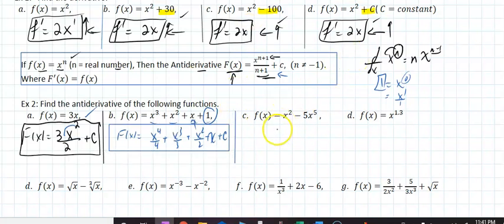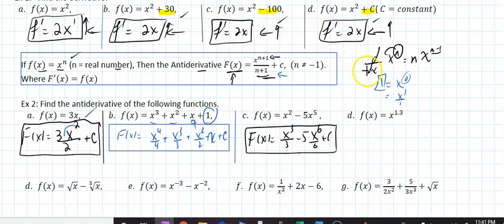How about if I took a derivative of a function and got x squared minus 5x to the 5th? Then the function must have been add 1 to the power, divide by that, leave the 5 out, add 1 to the power, divide by that, plus c. So it's fairly simple. How about x raised to the 1.3?